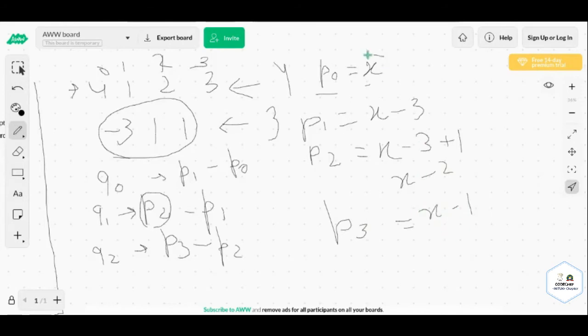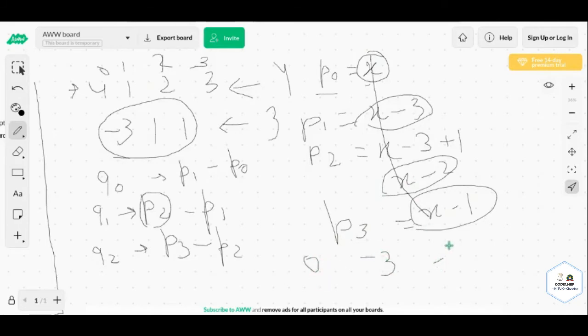Now we have actually found the permutation. First is x, second is x minus 3, then x minus 2, and next is x minus 1. So we can skip this x, and write p0 is 0, then minus 3, minus 2, and minus 1. So this is our permutation. Now we have to normalize it to 1 through 4, since the size is 4.